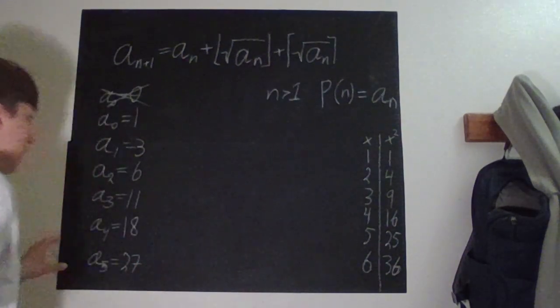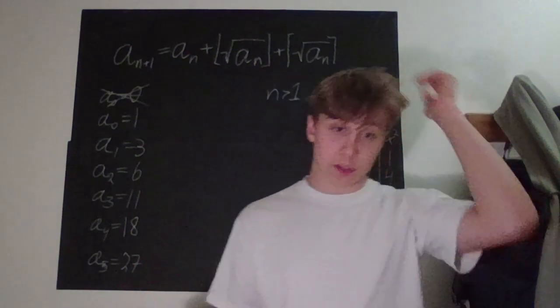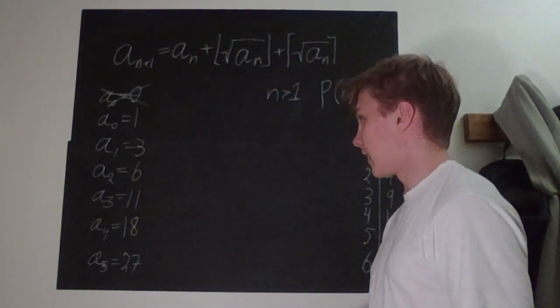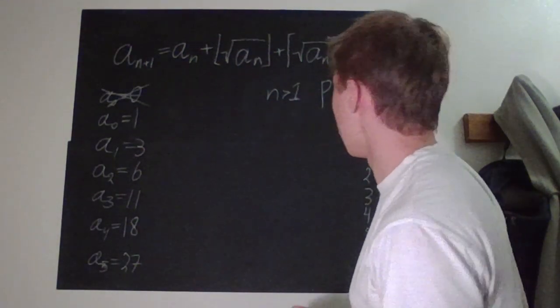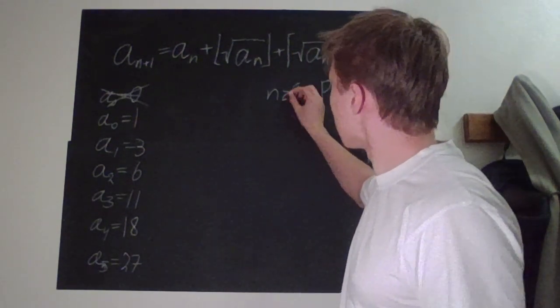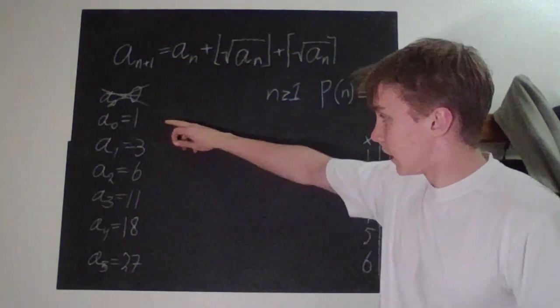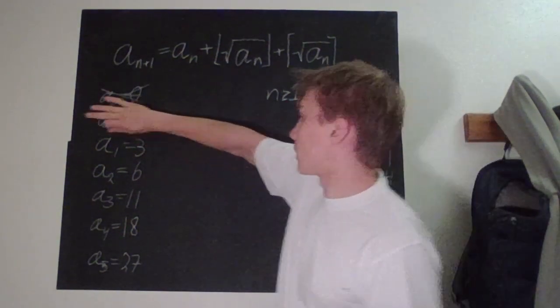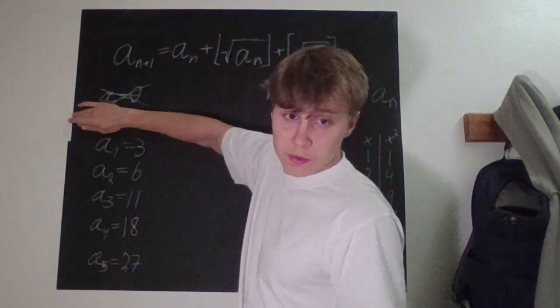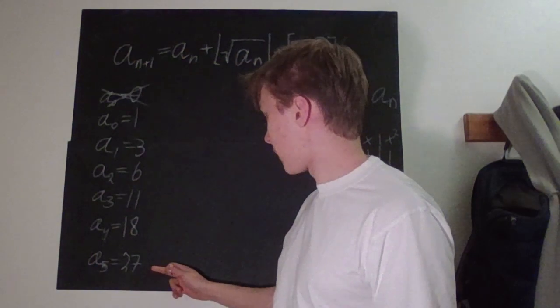Okay, so what we're planning to do now is that for all n greater or equal to 1, we have that. So basically we can forget about this part. We're just supposed to find a polynomial that satisfies this.